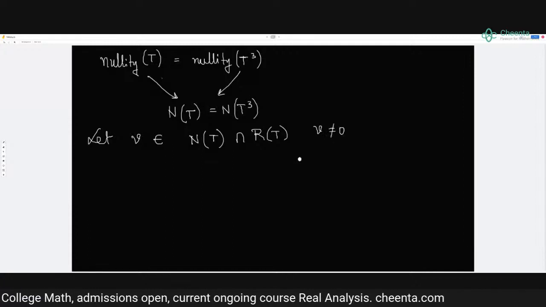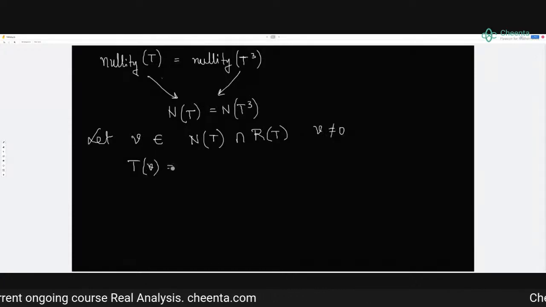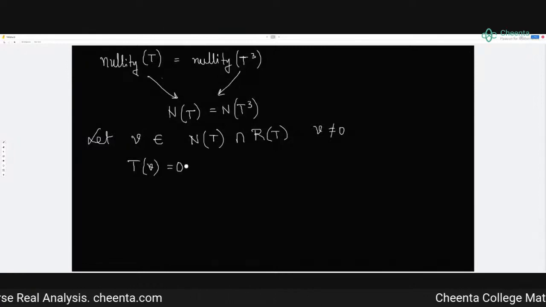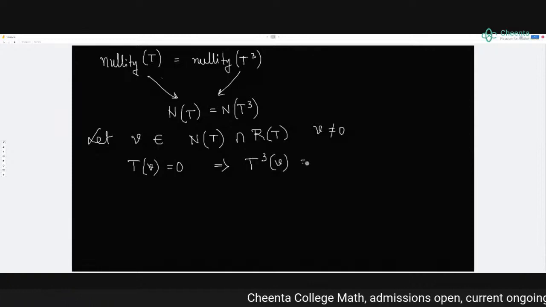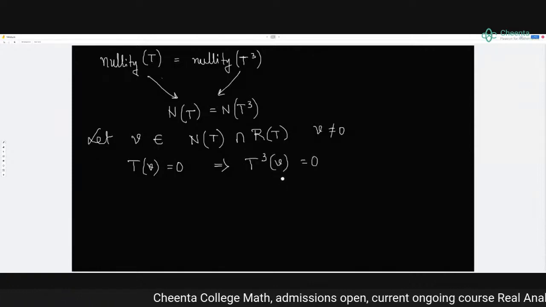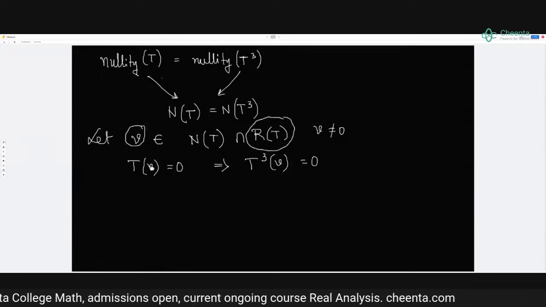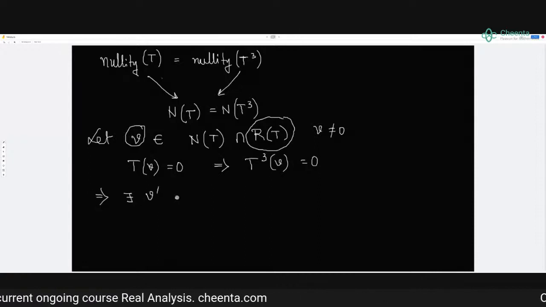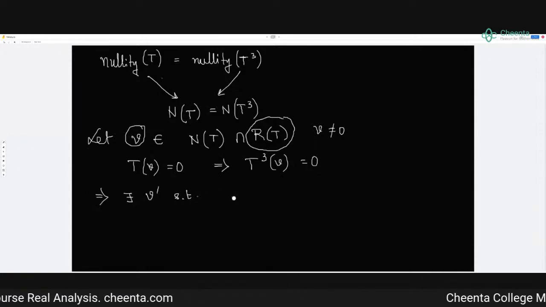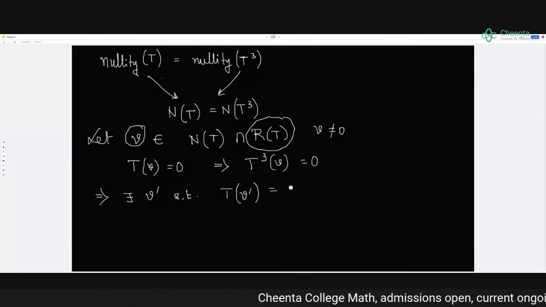Since it is in the null space, you get T of v equals 0, which also implies that T cubed of v equals 0. Now since v is also in the range space of T, there exists some v prime such that T of v prime equals v.